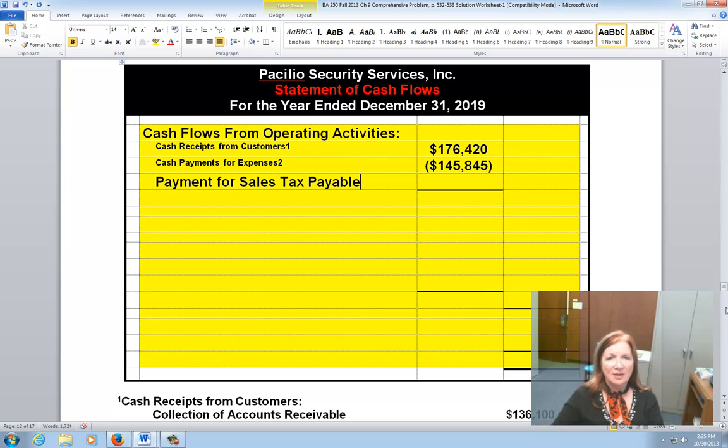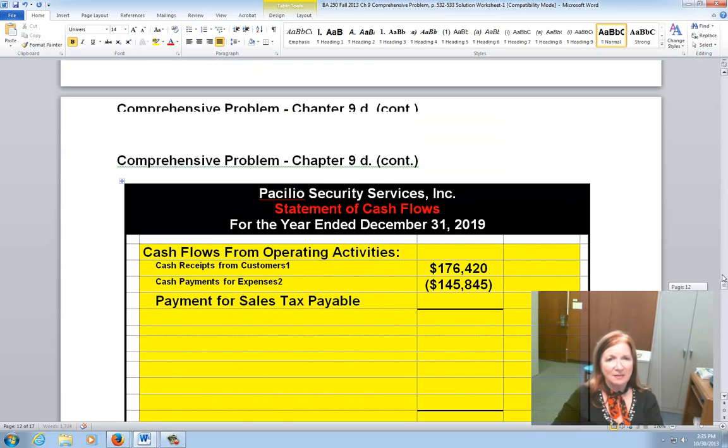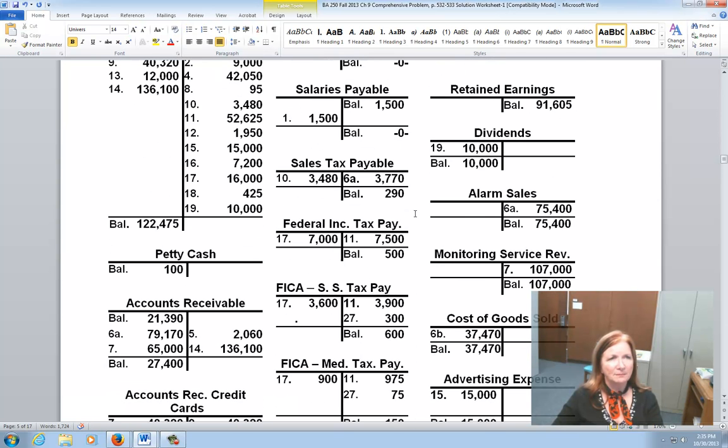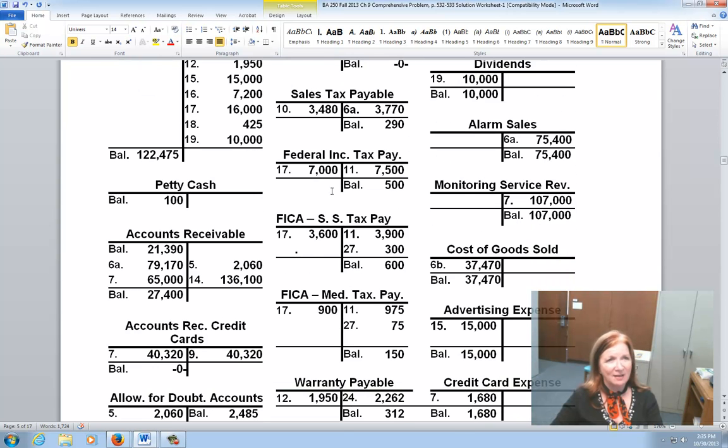And now I need to go and look at the sales tax payable and see how much of that was actually paid. So here's the sales tax payable, and there was actually this debit over here, $3,480. That debit right there in event 10 is the amount of cash that was a payment.